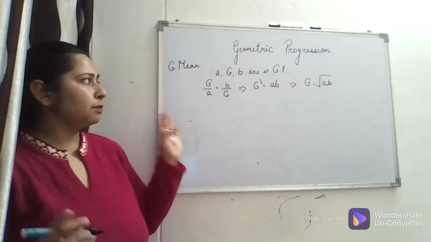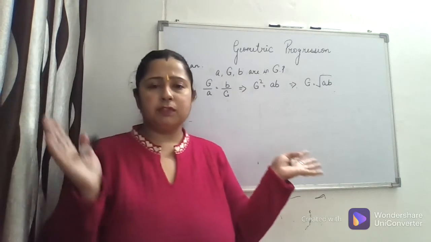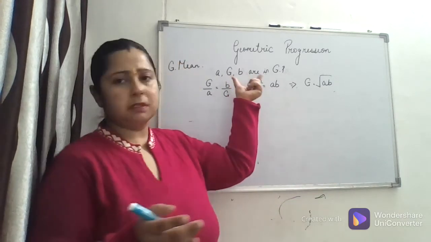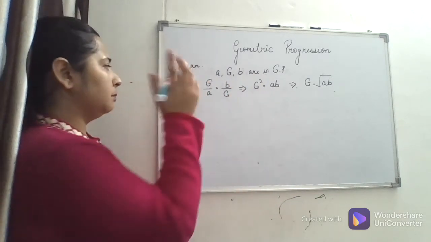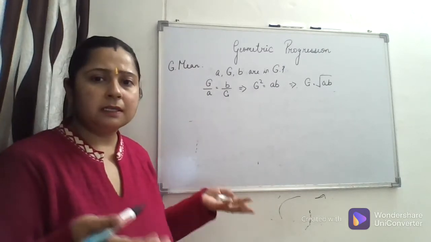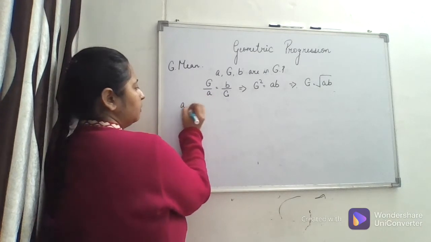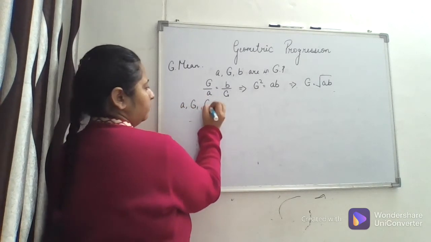Now if suppose you say that please place n number of geometric means in these two numbers. It can be any number, 1, 5, 7, 9, 10, 20, 16, any number. Let's put any number of geometric means.